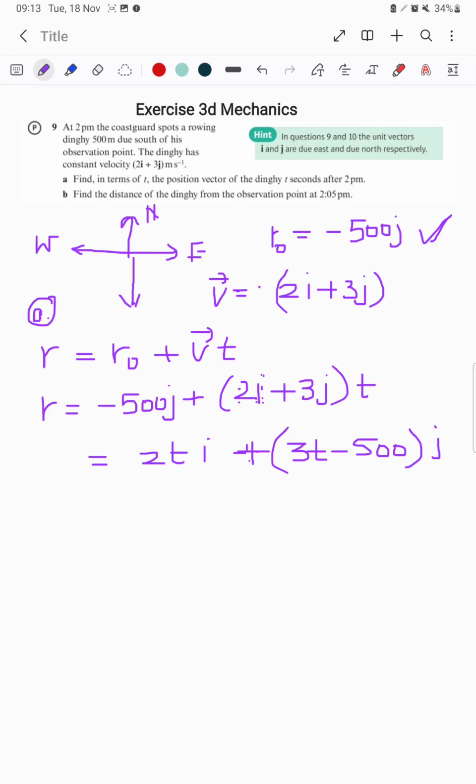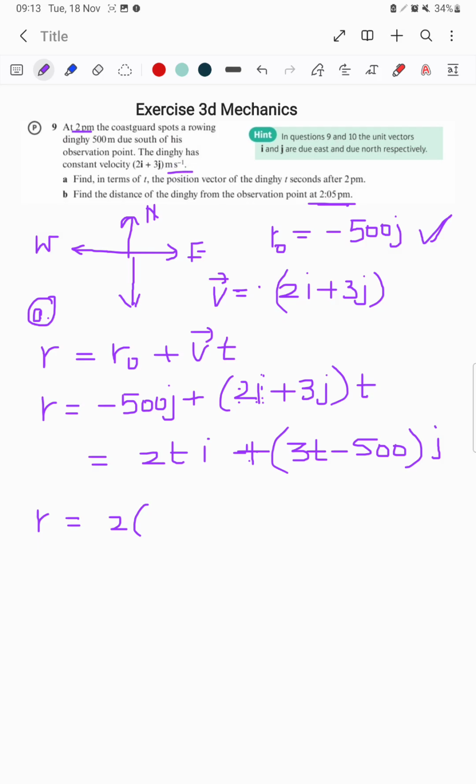Now they say find the distance of the dinghy from the observation point at 2:05. So in this case, what we need to find out is the position at 2:05 p.m. This is 2:05 p.m. and this was 2 p.m., so it is 5 minutes.